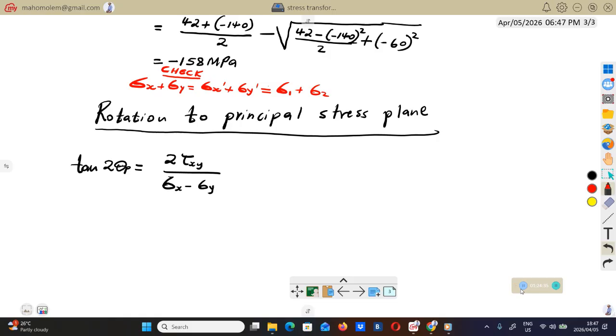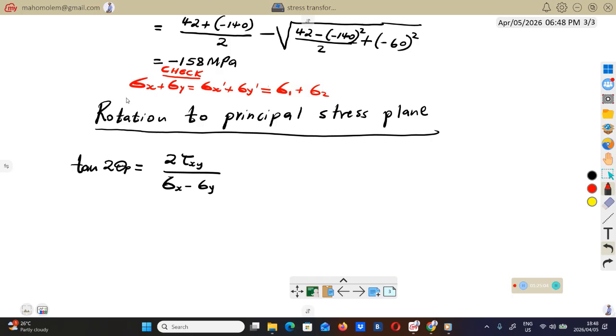The same thing with the law of conservation of energy. When one loses potential energy, it gains kinetic energy, so the total energy remains constant. The same thing with these stresses: the sum of these stresses during the transformation will remain the same.